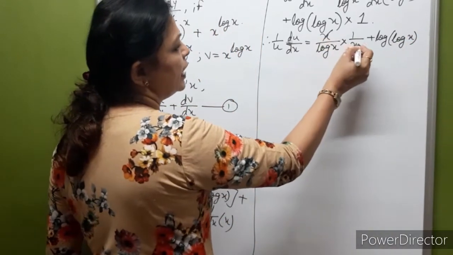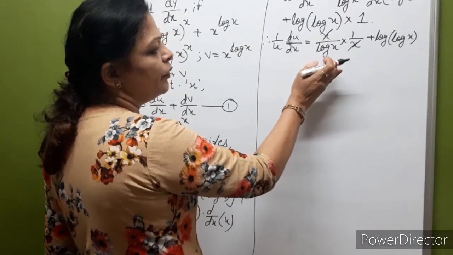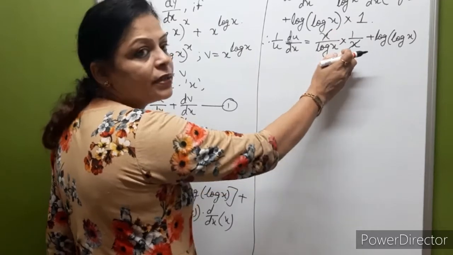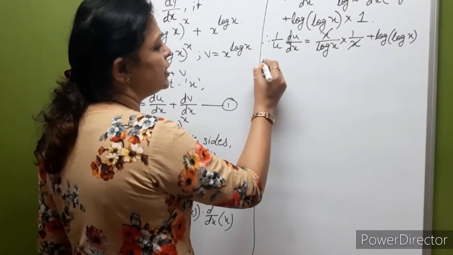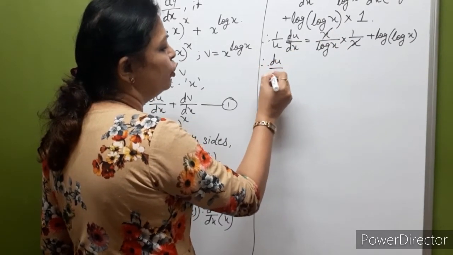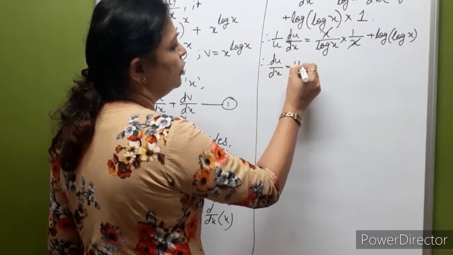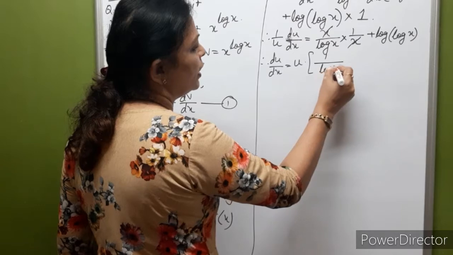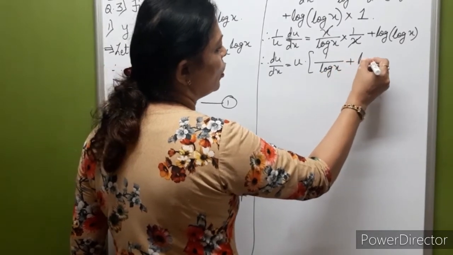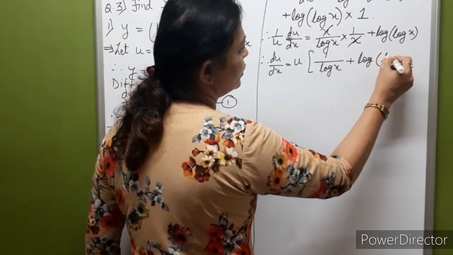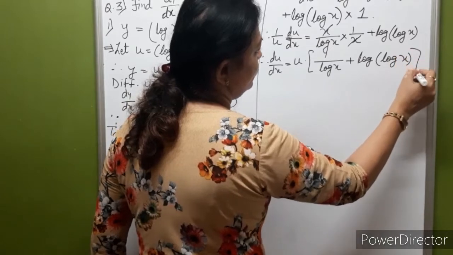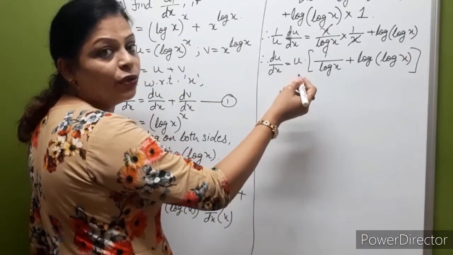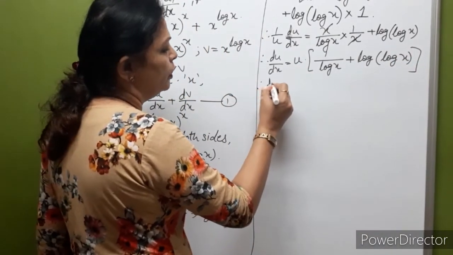So this x gets cancelled and here you are left with only 1 upon log x. Now let us take u on the other side. So you get du by dx is equal to u into (1 upon log x plus log of log x). Right, now substitute the value of u.